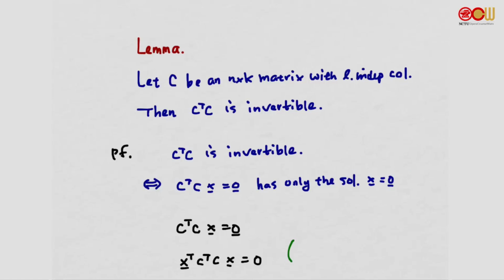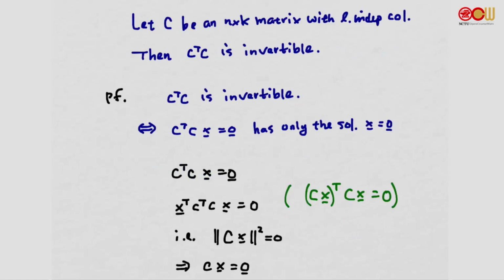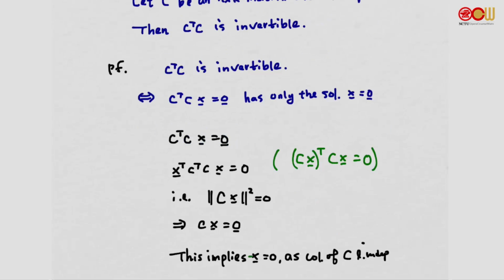So this is Cx transpose Cx equal to 0. This means the norm of Cx squared is equal to 0. So Cx is the 0 vector. But we also know that C has linearly independent columns, so the solution is the 0 vector.